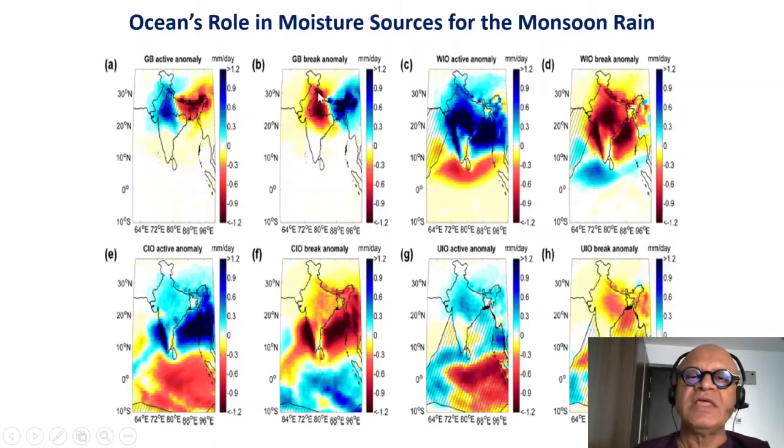So basically there is a lot of recycling of the rain that falls before, and there is a lot of water coming from the ocean. In the global warming context or in the El Nino La Nina context, this means ocean warming and land warming together determine the seasonal distribution and seasonal amount of rainfall.